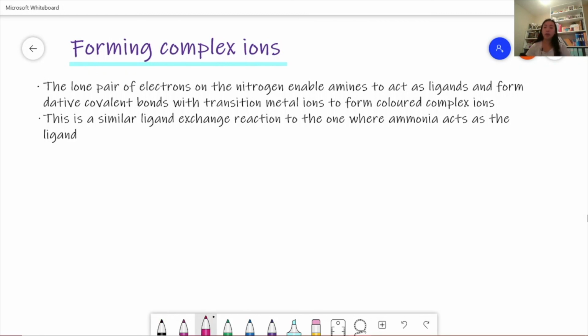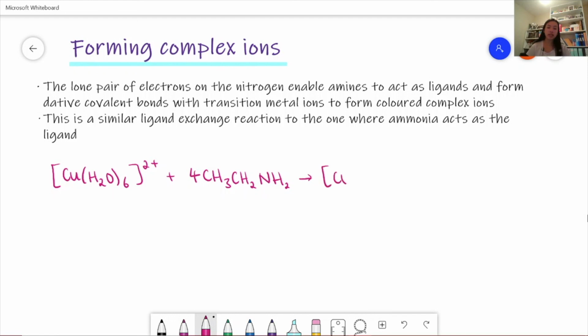So if we've got a copper 2 complex, so Cu(H2O)6 2+, and we substitute 4 of these ethylamines, what we get is that we can substitute 4 waters.